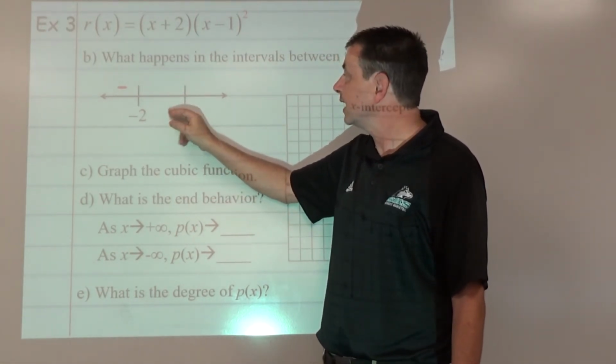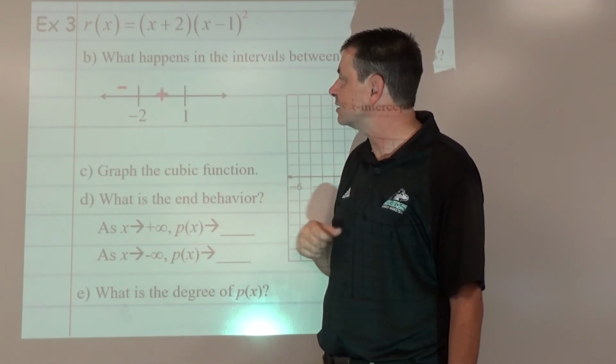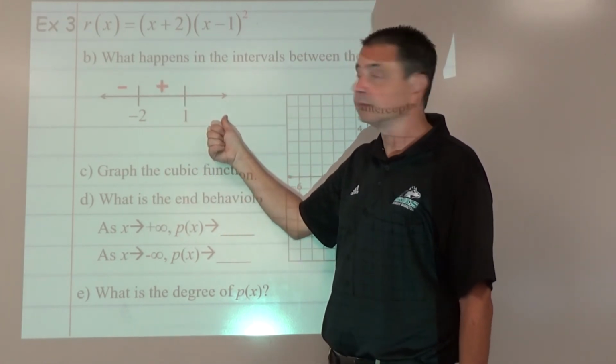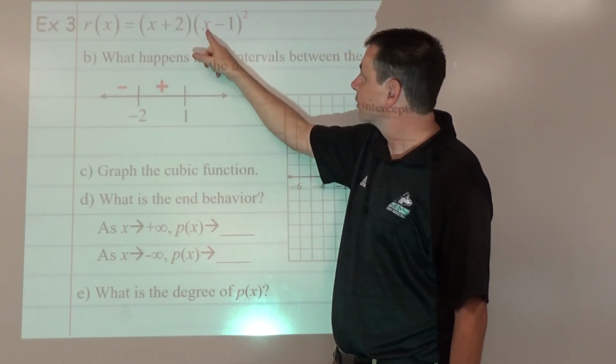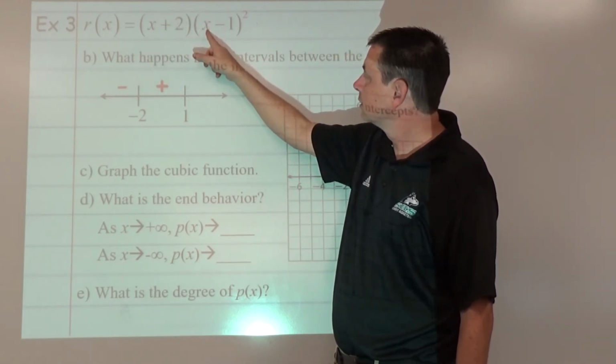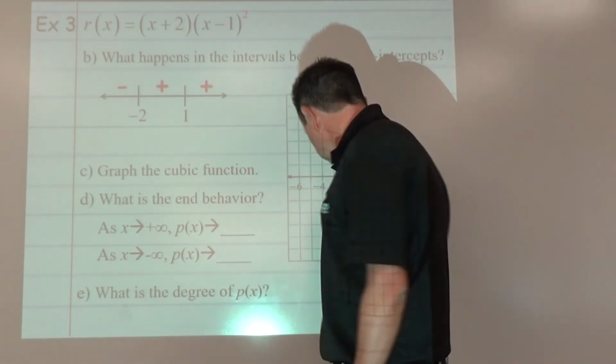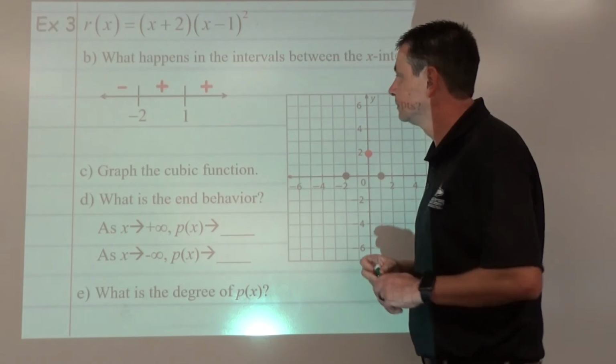Pick 0. We got 2. That's a positive number. And then let's try something out here like 3. Plug in a 3. We also get a positive number.